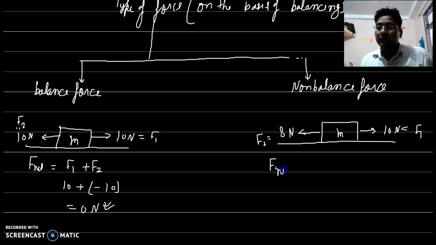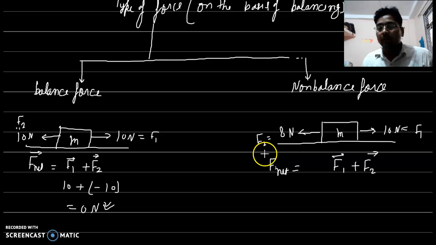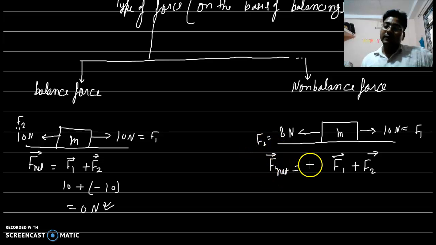Hence net force is equal to vector sum of force F1 plus vector sum of force F2. If we write in the vector form, then we can write F net vector is equal to vector F1 plus vector F2.